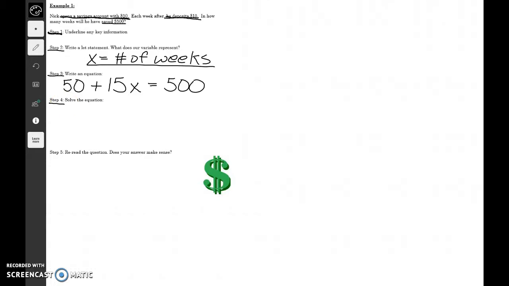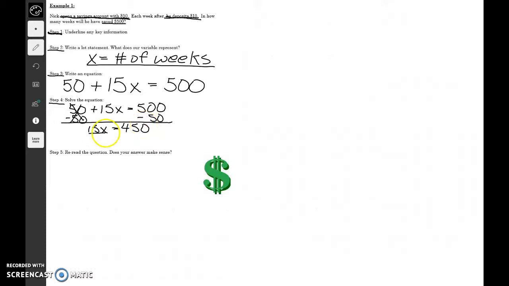So we have 50 plus 15x equals 500. To solve, we want to subtract 50 from both sides. The 50s are going to cancel out on the left side, and we're going to be left with 15x equal to 500 minus 50, which is 450.